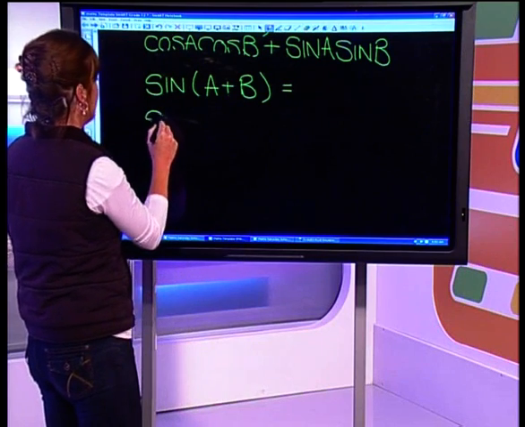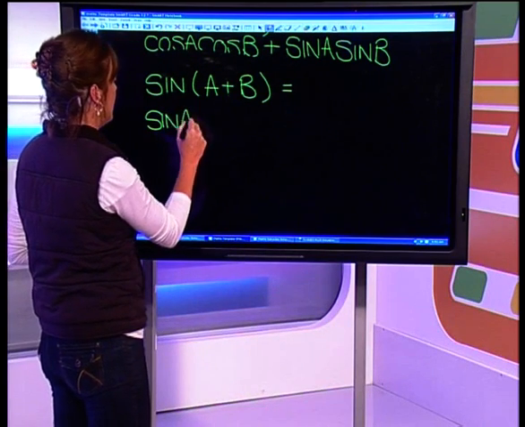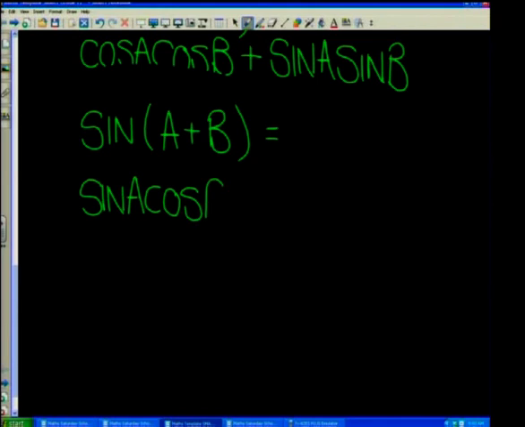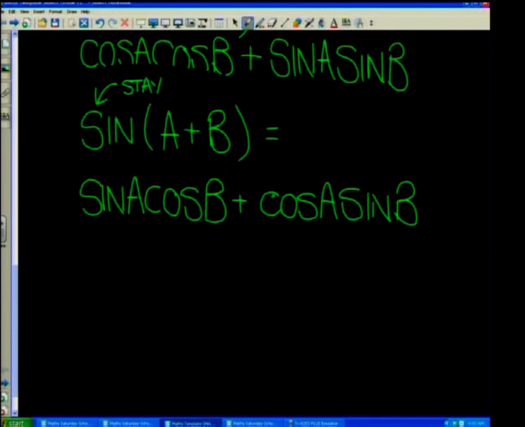Sine compound angles, we're going to have sine A cos B. And this time, I want you to think of S for sine and S for stays the same. So that plus is going to stay plus, and then I've got sine A cos B plus cos A sine B. So that is your sine compound angle.